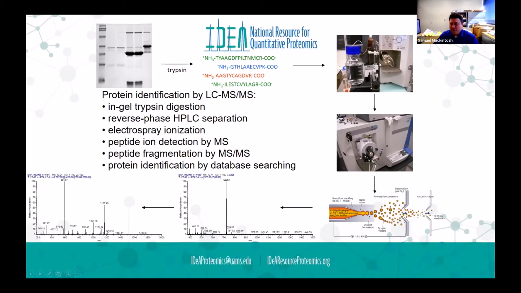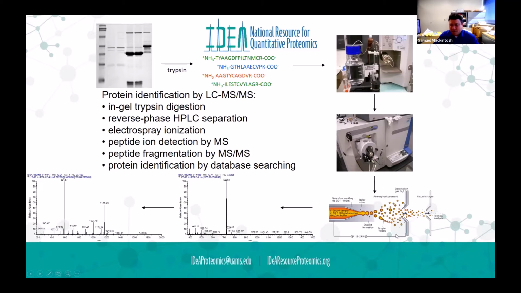These two photos here are of older LC and mass spec instruments that we have, but they all have about the same configuration. So we inject this tryptic peptide mixture into the LC-MS system, and then where things get interesting, after we've separated out the peptide mixture by reverse phase chromatography, is this electrospray ionization, which Rick talked about.